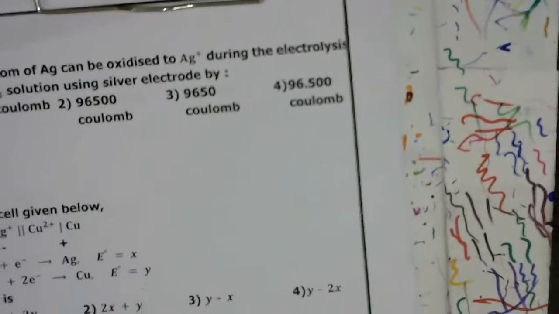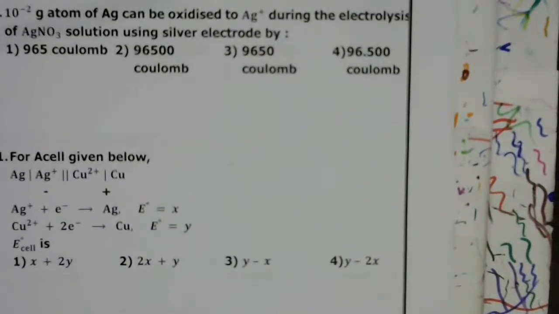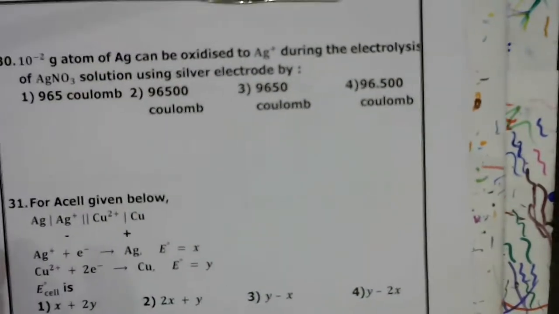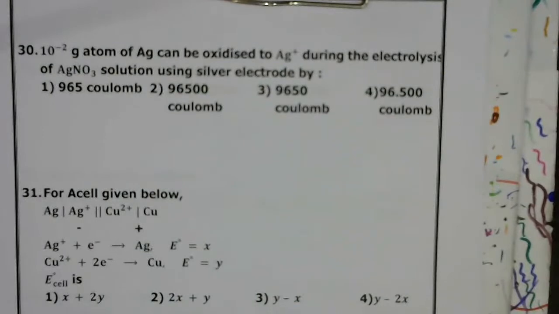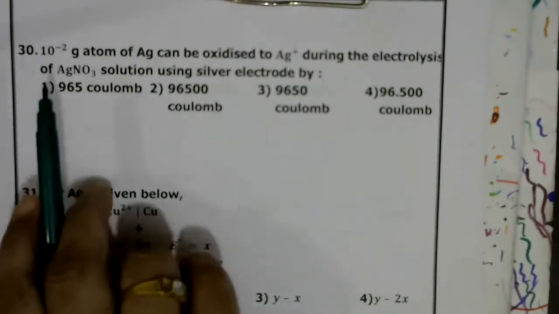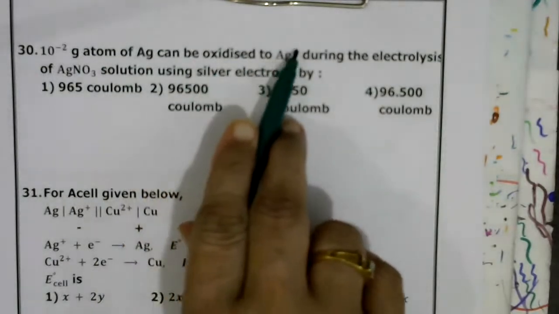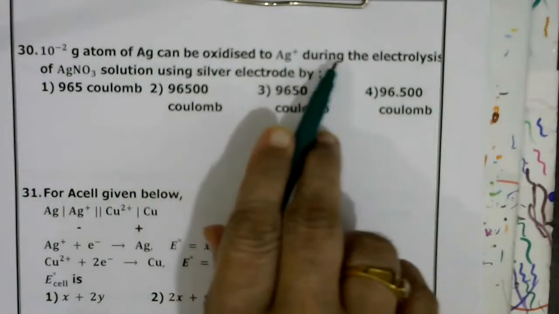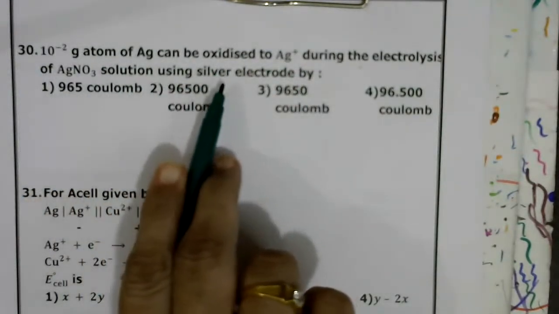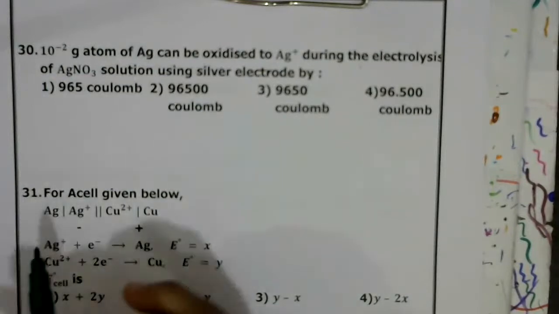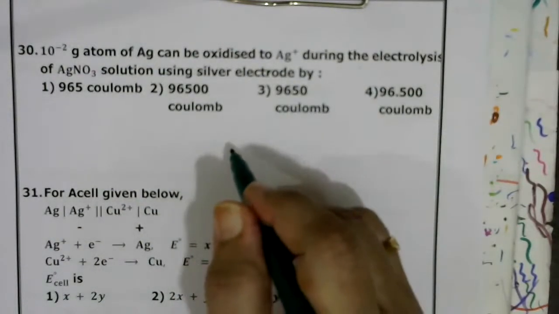Question number 30. Ten raised to minus 2 gram atom of silver is oxidized to Ag plus during the electrolysis of silver nitrate solution using a silver electrode.